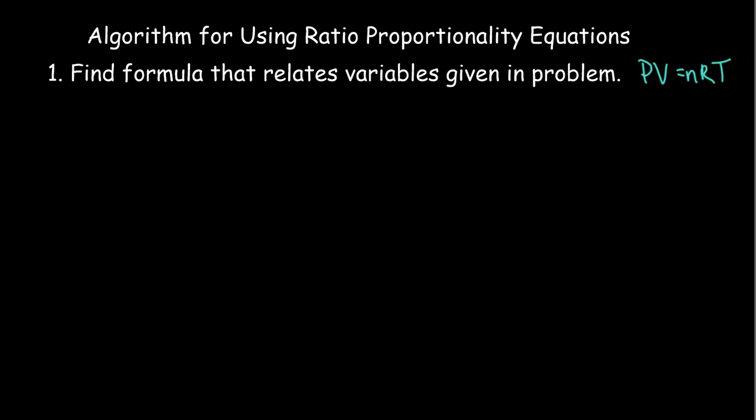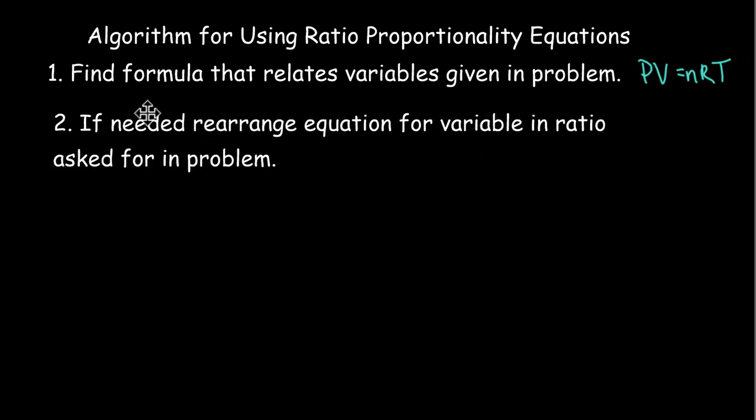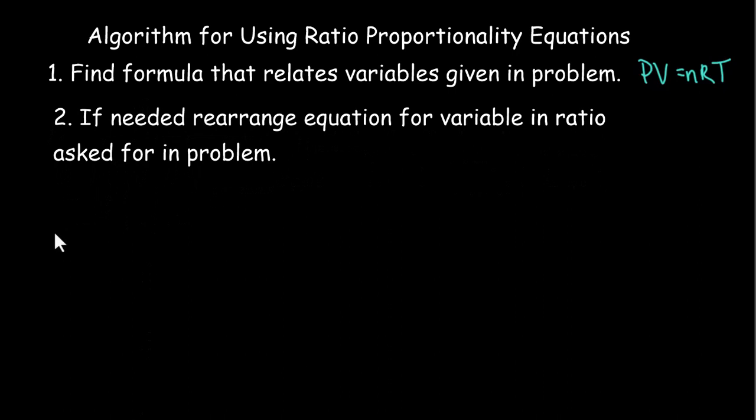So we've identified our equation. Then what we need to do is, if needed, rearrange that equation for the variable in the ratio asked for in the problem. So maybe they were asking for the ratio of the volumes for two different situations. So then you could write that V is equal to nRT all over pressure.